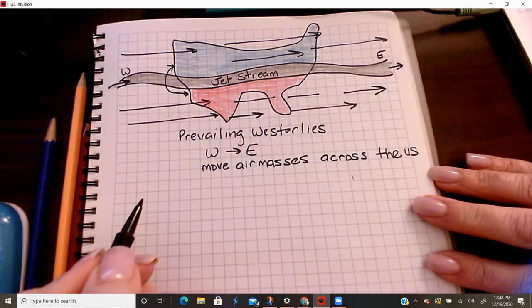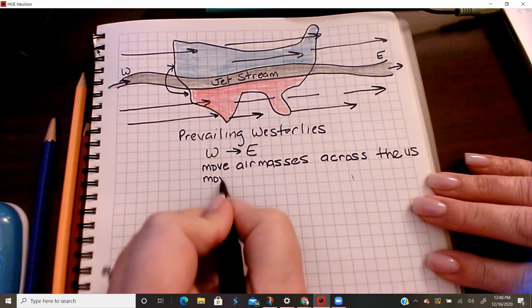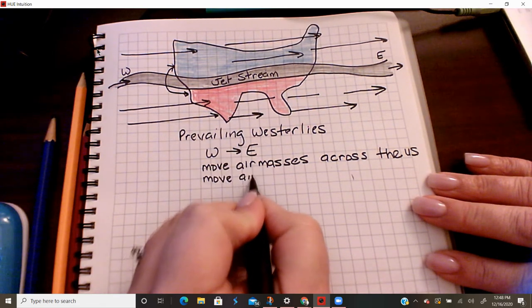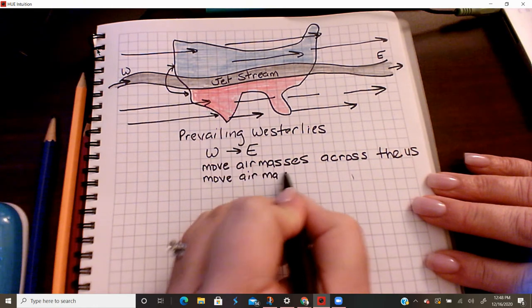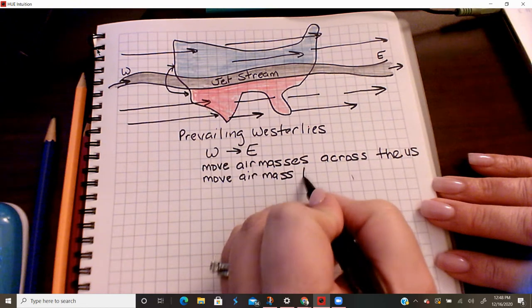They move our weather to us. They move air masses to North Carolina.